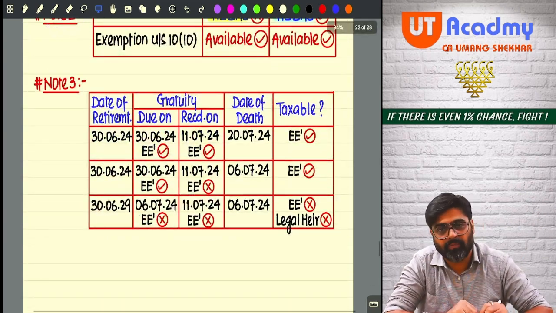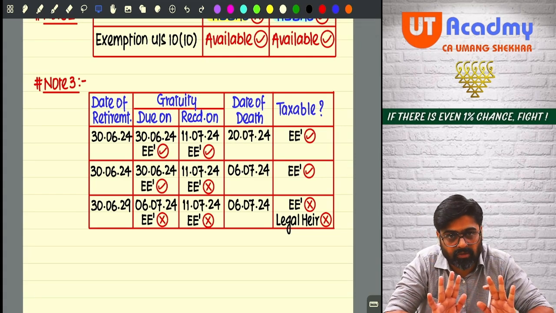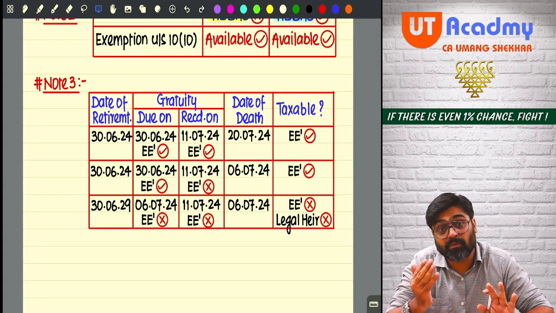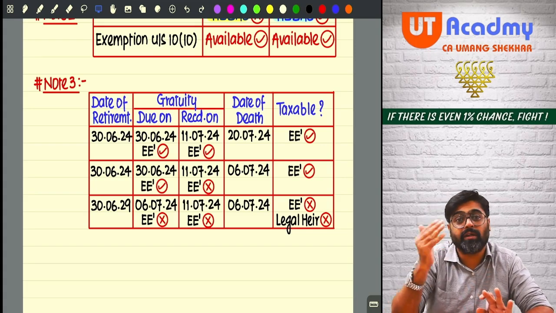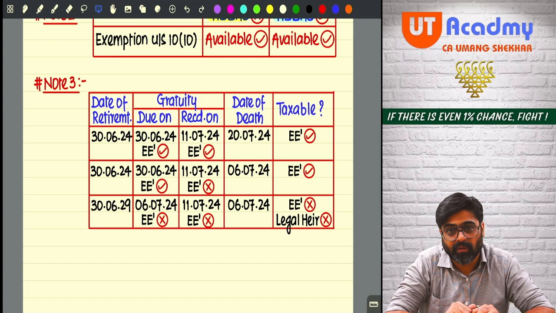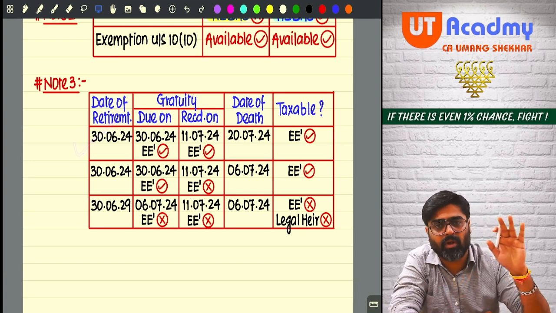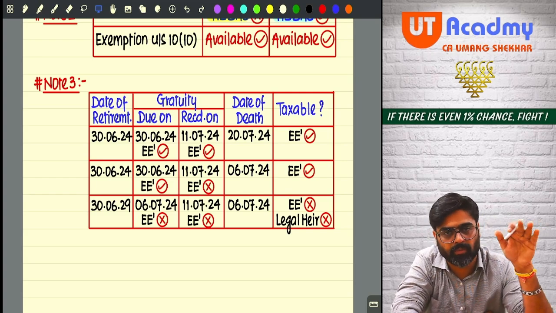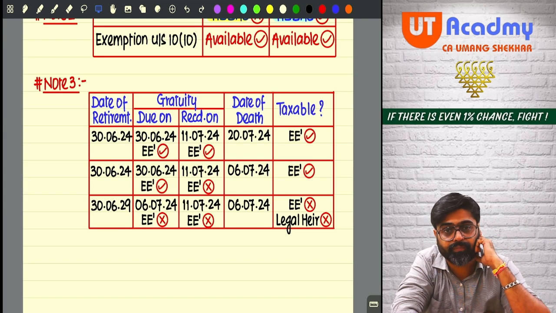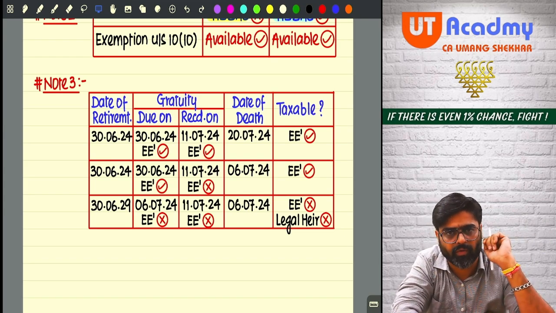Now note number 3. See, gratuity becomes taxable on due or receipt, whichever is earlier basis. But it becomes due. It can become due on retirement also and on death also. We'll take 3 examples. First, for example, your employee's retirement date was 30th June 2024. So he was supposed to retire on 30th June 24. Done. And he retired on 30th June 2024.